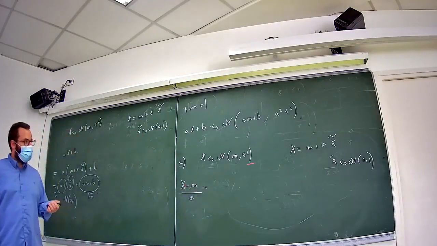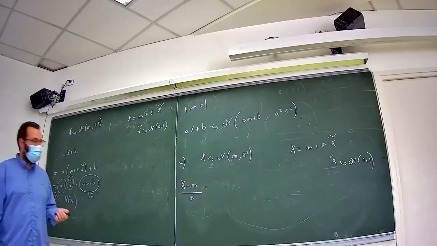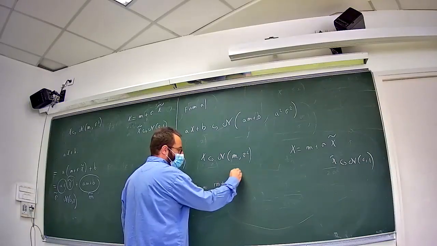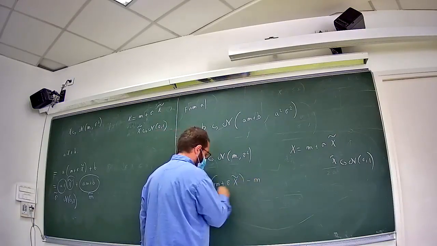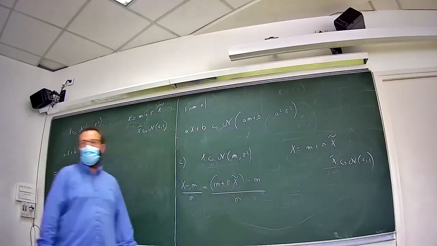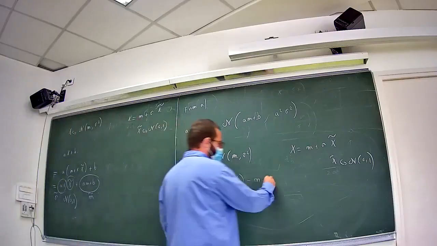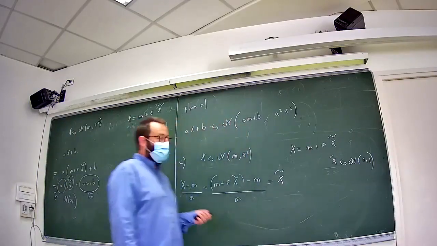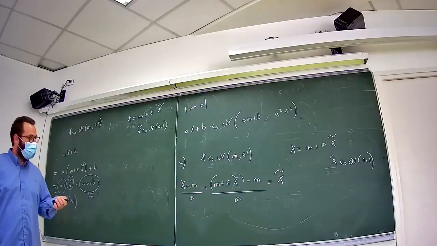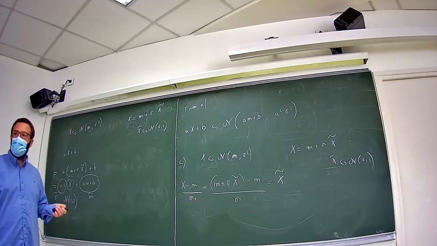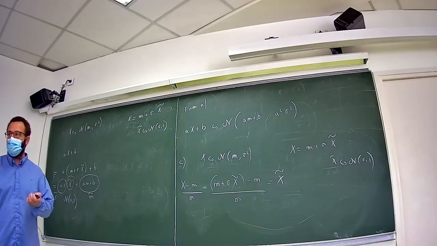I replace X by this transform, and I obtain (m plus sigma x tilde minus m) over sigma. And I obtain what? Well, I have done the job exactly to have what I want. That is, I have simplification between m and minus m, and I have simplification between sigma and 1 over sigma. And I obtain at the end simply x tilde. So this one is equal to this one. And I know the distribution of this one, that is just N(0,1), implying that this one follows N(0,1). That is exactly the result I want to prove.